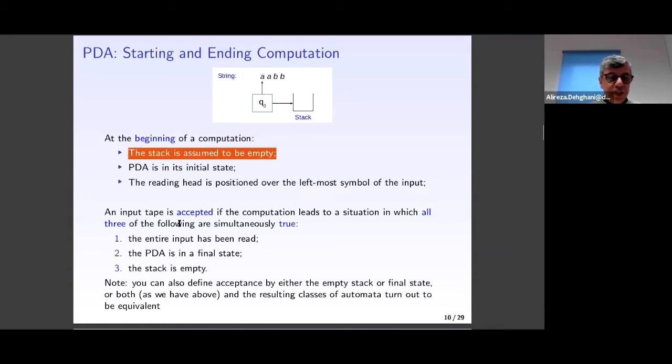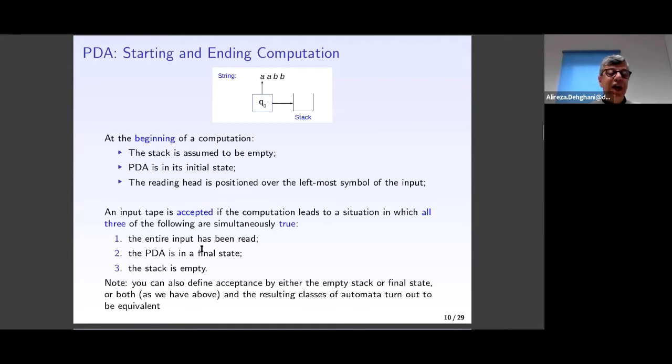An input tape is accepted if the computation leads to a situation in which all three of the following are simultaneously true. That means the PDA will accept a specific string if the entire input has been read, you have finished the string, the PDA is in the final state, you have reached the final state.